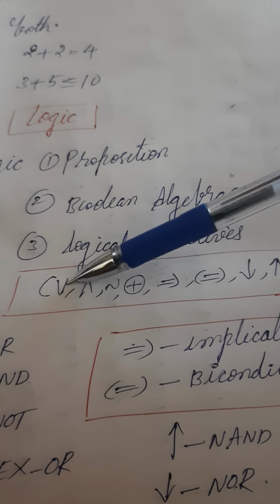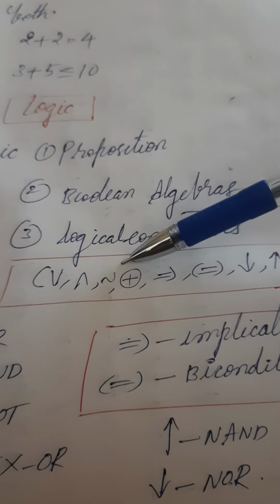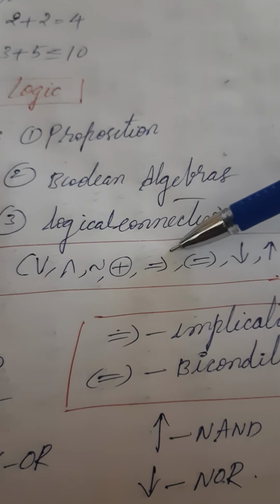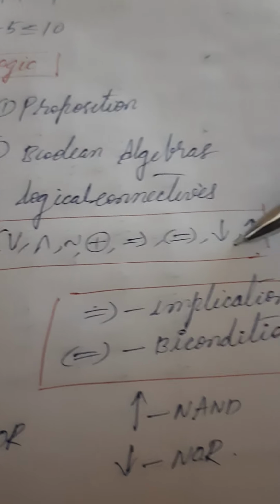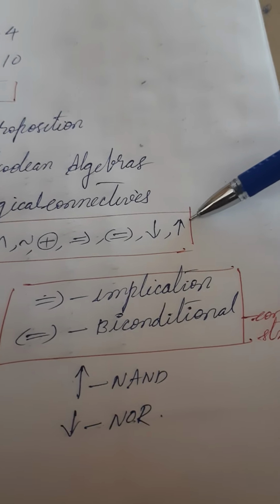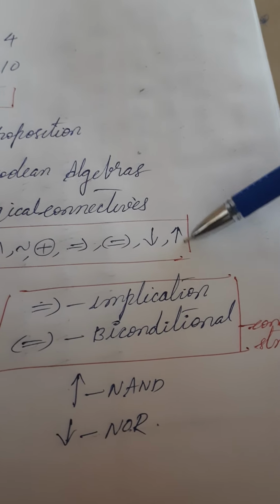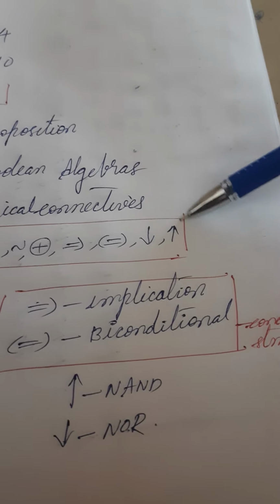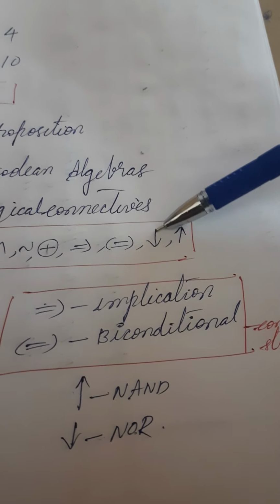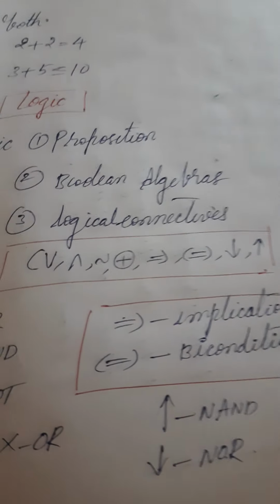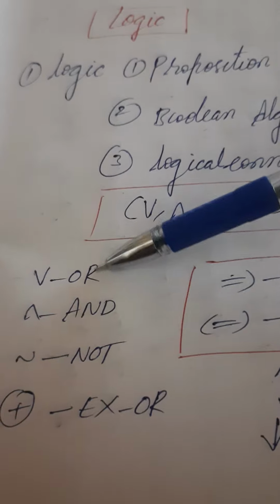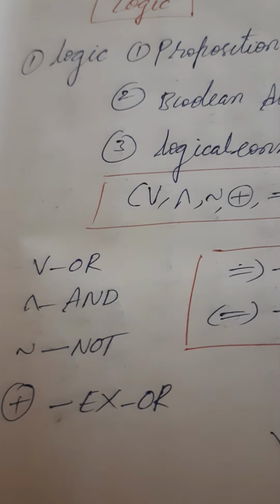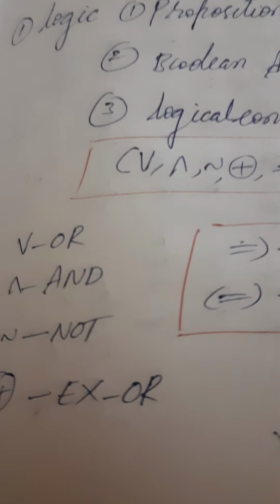This is the OR symbol, and negation, XOR, implication, bi-implication. This is NAND, this is NOR, the NOR symbol. This is implication, this is the bidirectional symbol. OR, AND, NOT, and XOR. We already know, right?